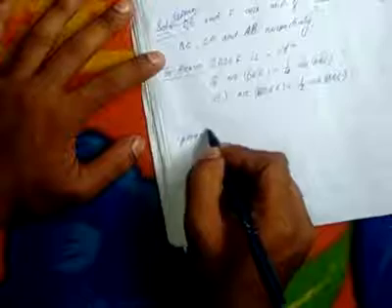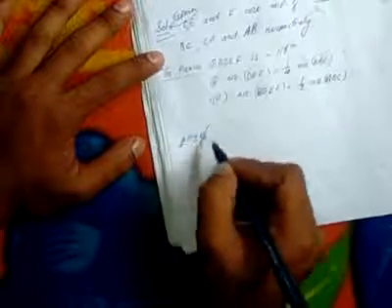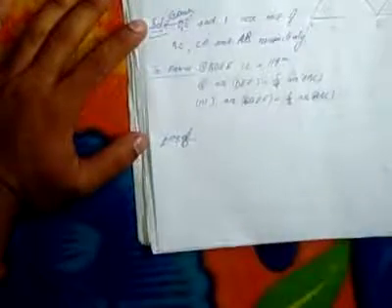Okay, so let's come to the proof part. You will write "Proof". First of all, we will consider this triangle first, triangle ABC.